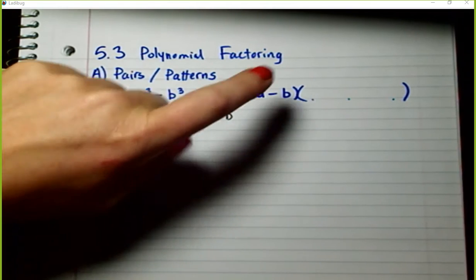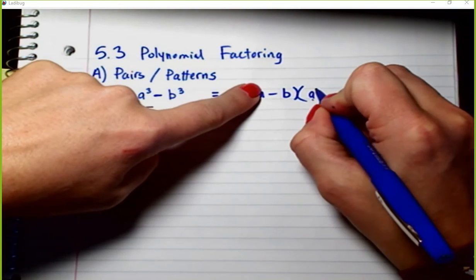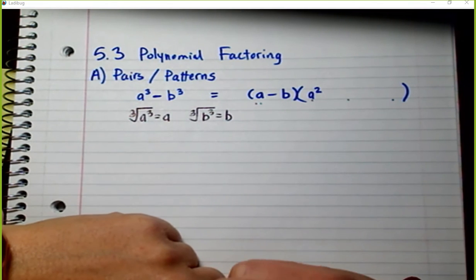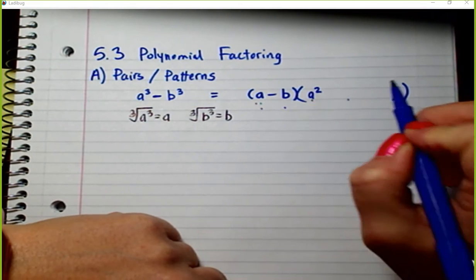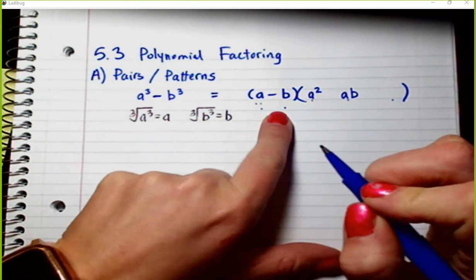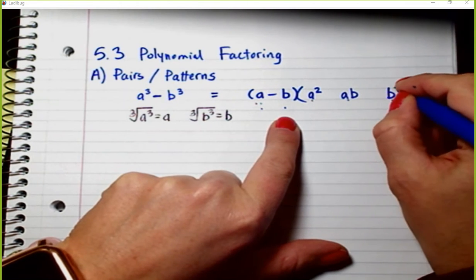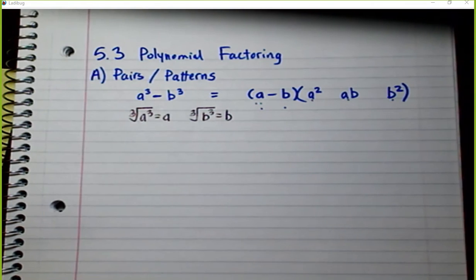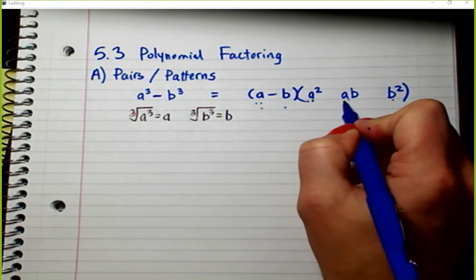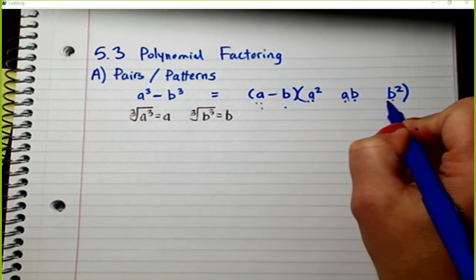I tapped it twice. A squared. Right, so a times a. A times b. B times b. Notice that you have each letter 3 times. A times A times B times B.